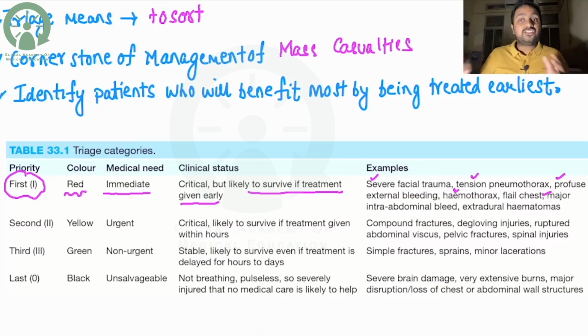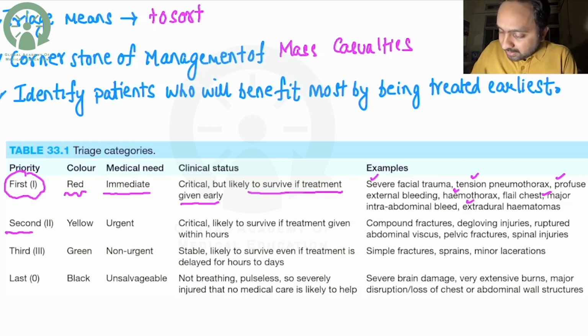Then you have your flail chest, major intra-abdominal bleed, and your extradural hematoma. So these are your red categories where the patient is critical, but then they are likely to survive if the treatment is given early. Then your second category comes down to be yellow.